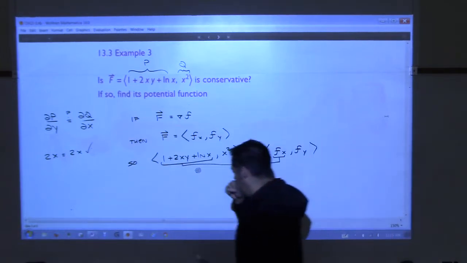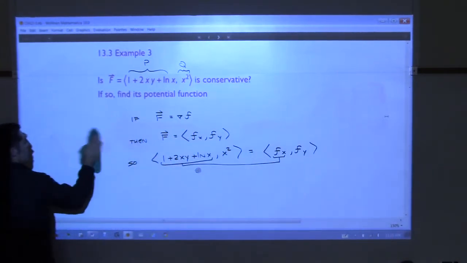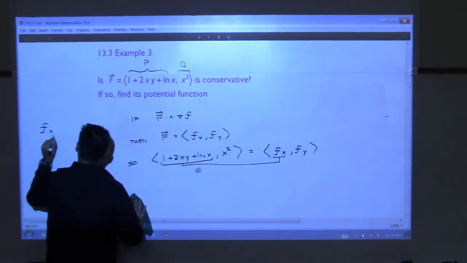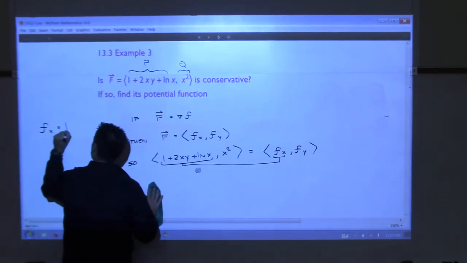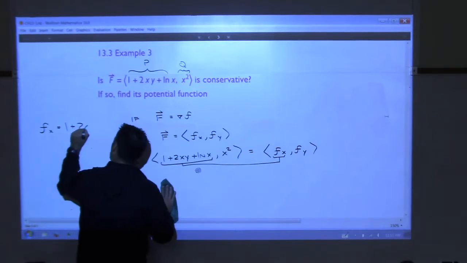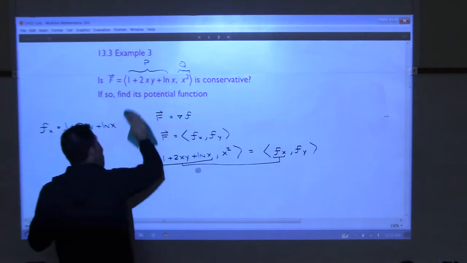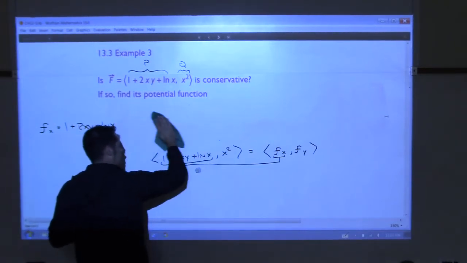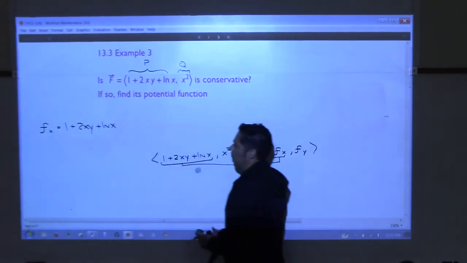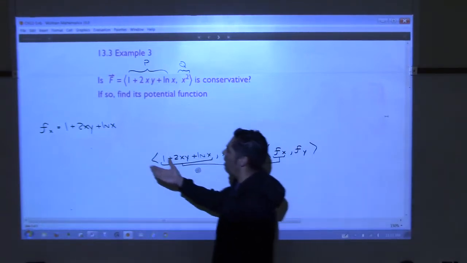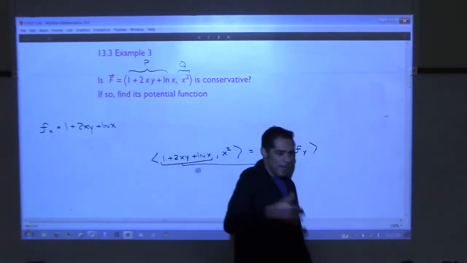So I think what I'll do is I'll come over here and write this down. I know that little f, partial with respect to x, must be 1 plus 2xy plus natural log x. I'm going to erase that because it's in my way. Do you remember what I did at this point? Integrate with respect to x, because I know that to get here, I had to take the derivative with respect to x, right?